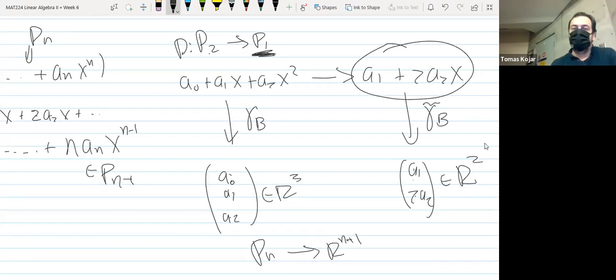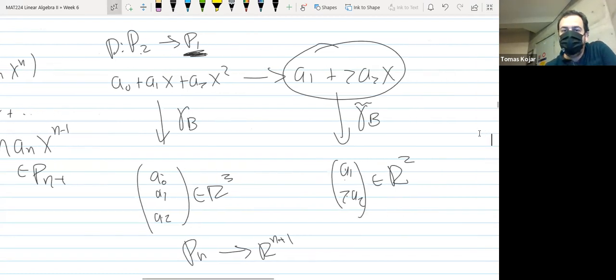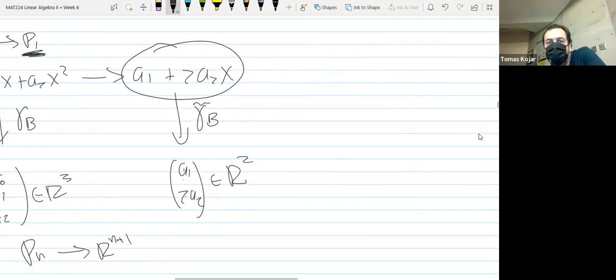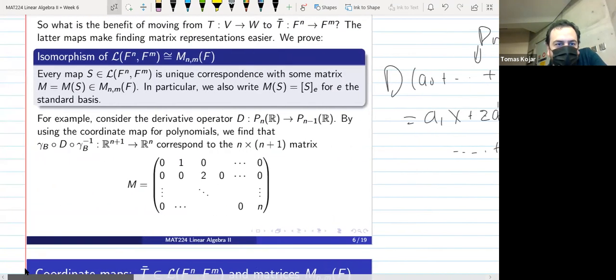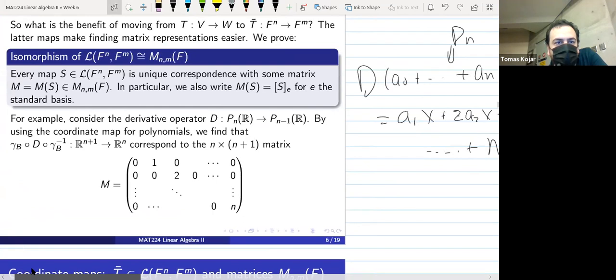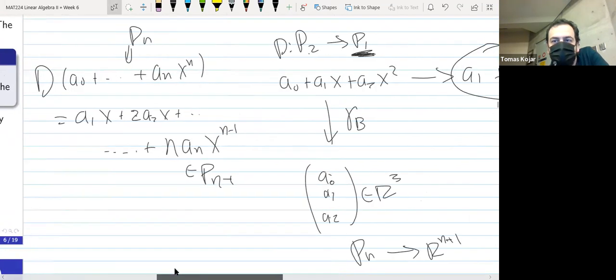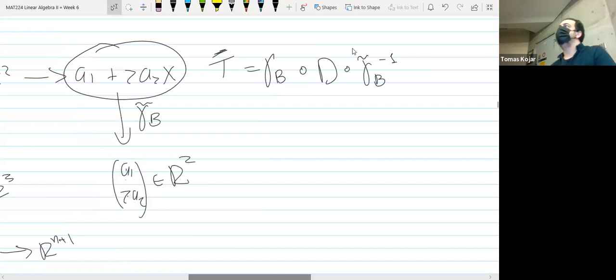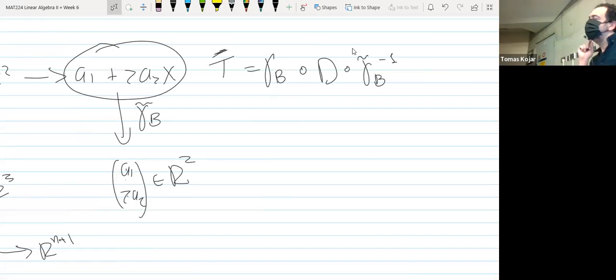Okay. Right, so now let's find the matrix. We define T bar to be this gamma B. Let me put tilde here.